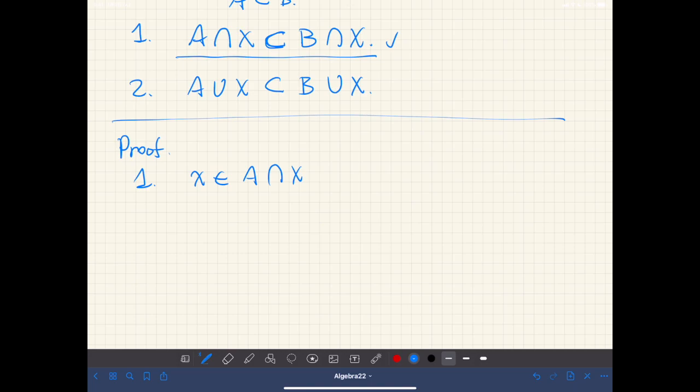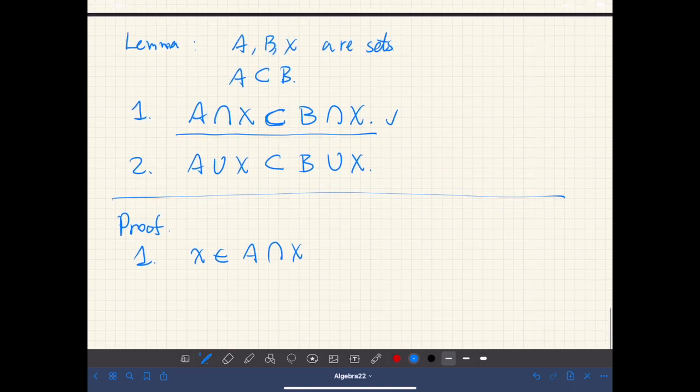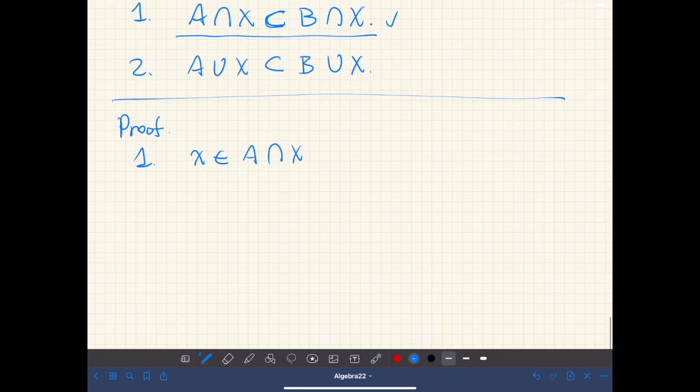our assumption is that A is a subset of B. Now x is an element of A cap X, so this means x is an element of A and x is an element of X. That's the definition of intersection.